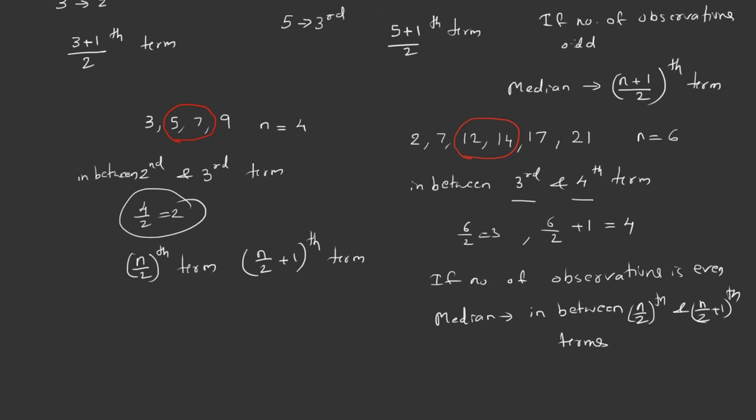So we got the formula for median in a data. First, we need to arrange the data in ascending or descending order, and then if the number of observations is odd, then median is the (n plus 1) by 2th term. And if the number of observations is even, then median is in between the n by 2th and (n by 2 plus 1)th term. We will do problems of this section in another video.